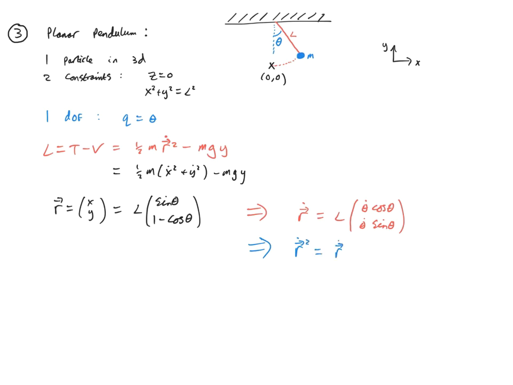So that's just a shorthand notation for this dot product, which is clearly L squared theta dot squared, using the identity that cos squared plus sine squared is equal to 1. So actually, it's very straightforward to write our Lagrangian in terms of theta.